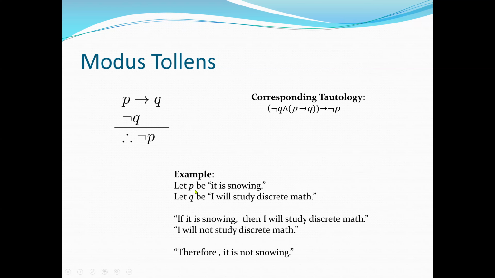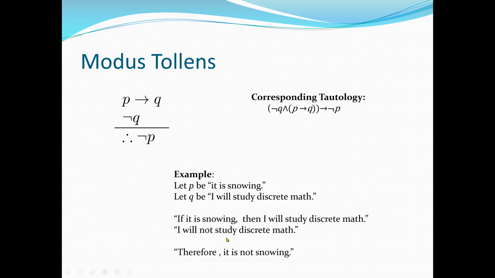Let P be, it is snowing, and let Q be, I will study discrete mathematics. So my condition is P, and what I will do based on my condition is Q. So here we say that if it is snowing, then I will study discrete mathematics. So here I have my premises and my conclusion.